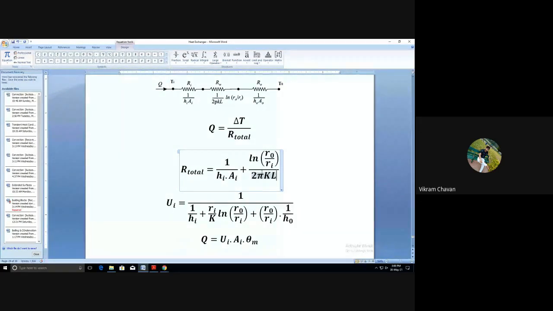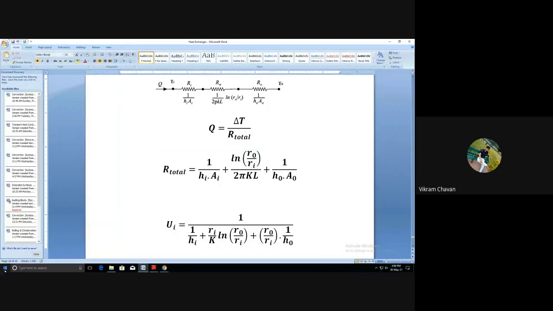Okay, this is the resistance offered for the thermal conduction. Okay, plus 1 divided by h naught multiplied by a naught. H naught is the outer heat transfer coefficient and this is the outer surface area. Okay, in this fashion you are writing.